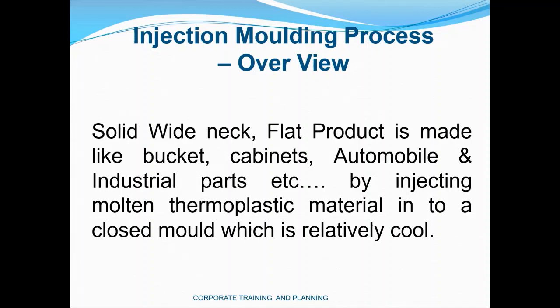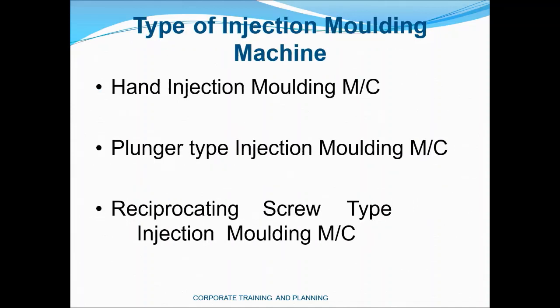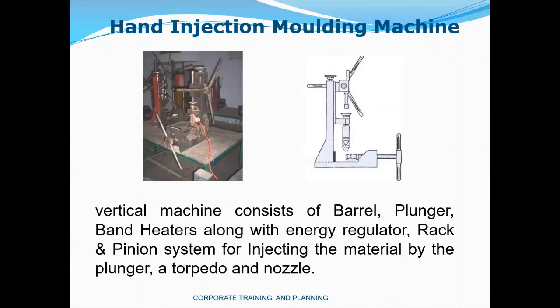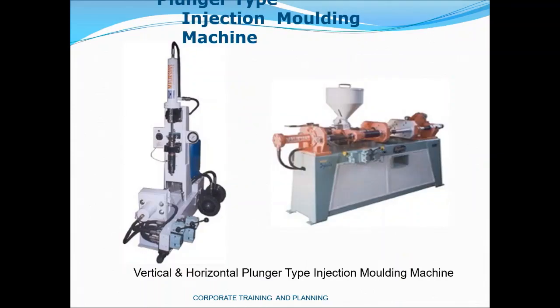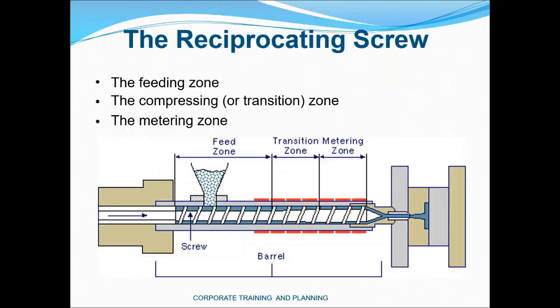Types of injection machines: hand injection, plunger type injection, and reciprocating screw type injection machines. Hand injection molding machines are utilized for smaller parts and smaller equipment. Plunger type injection molding machines are somewhat heavier. In hand operation we get less output.